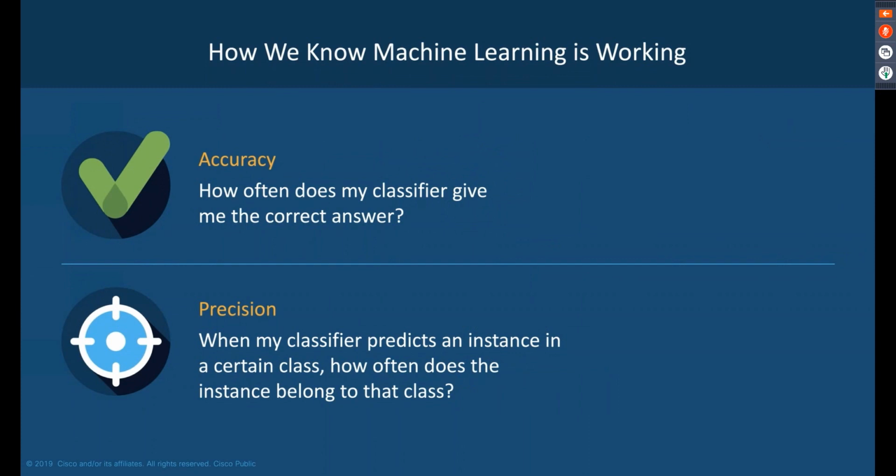And precision is, when my classifier predicts an instance in a certain class, how often does the instance belong to that class? And out of these two things come terms like false positive, true positive, and everything mathematically related to that.